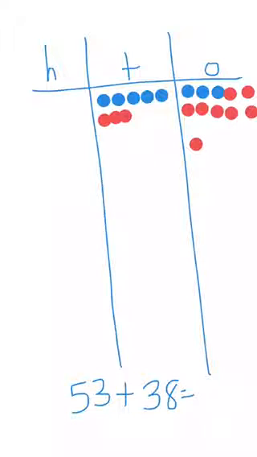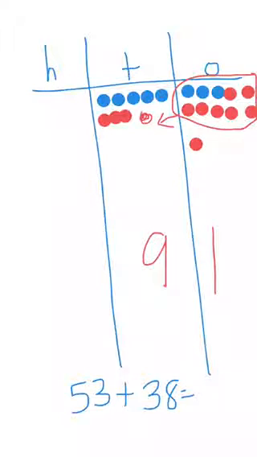Here we see that we have a group of 10 in the ones place. So we're going to take these 10 ones and trade them over here for another group of 10. That would mean that we would have 9 10s and 1 1. So 53 plus 38 is equal to 91.